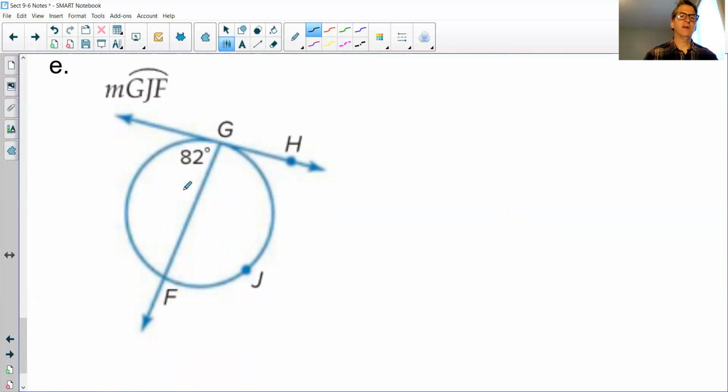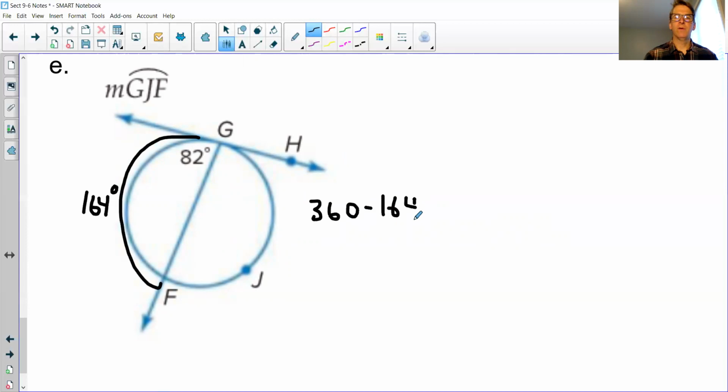Because this is 82, we know that this arc here is double it, 164. If this is 164, we know all the way around is 360. So this will be 360 minus 164, which is equal to 196.